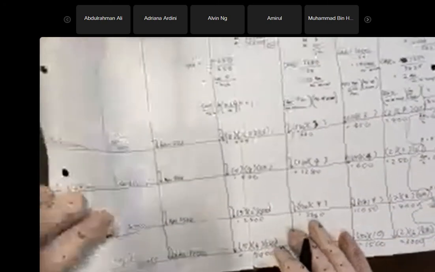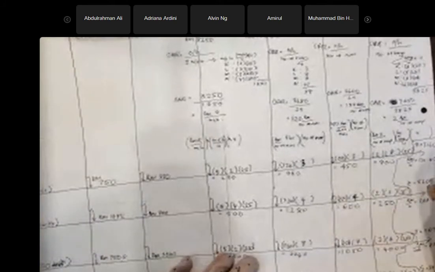Now you can see the cost per unit for each product.